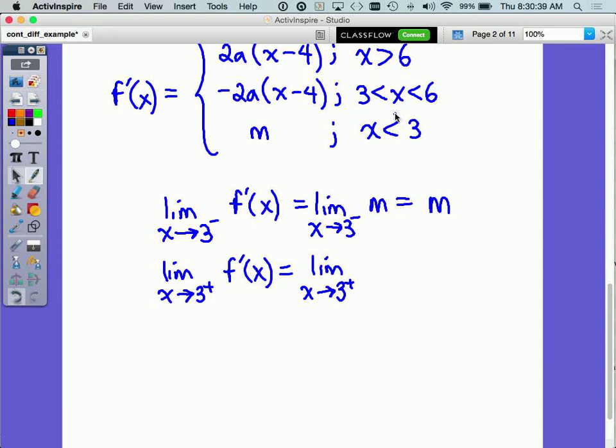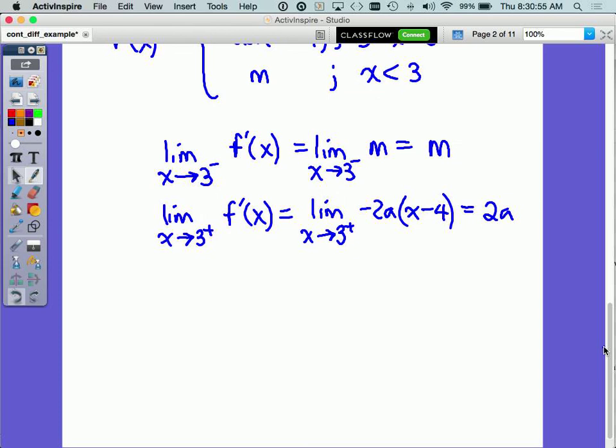So I have my negative 2a times x minus 4. And if I put in a 3, 3 minus 4 is negative 1 times negative 2a gives me 2a. And so now I have that for differentiability, I need 2a to equal m.